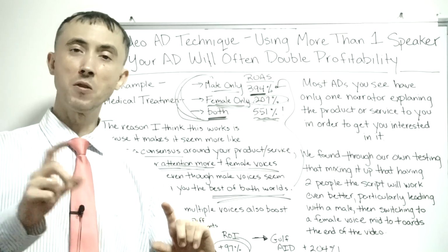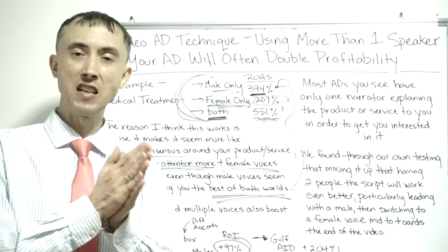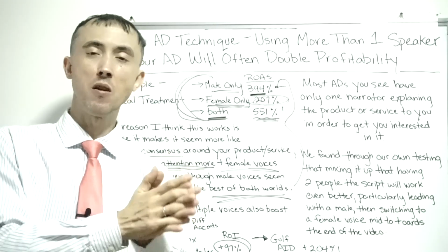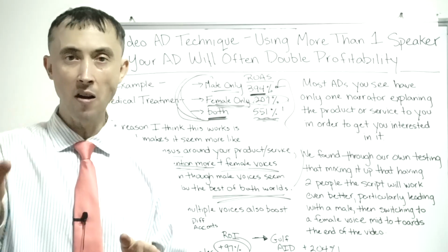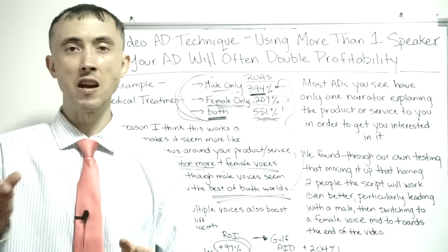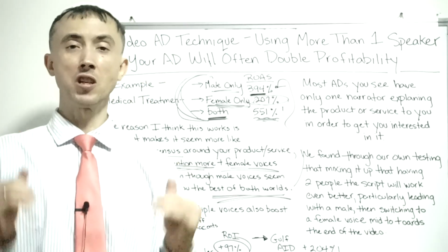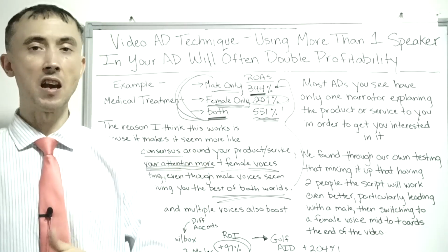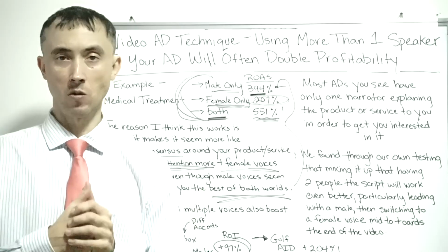Test a different narrator reading only part of the script, and sandwich the original narrator from your best performing ad, with a second person reading at least part of the script so that you have 2 narrators in there, because that has a much greater likelihood of pushing up your ROI for that video ad than just having a different narrator reading it, because of the power of having multiple narrators on the video.